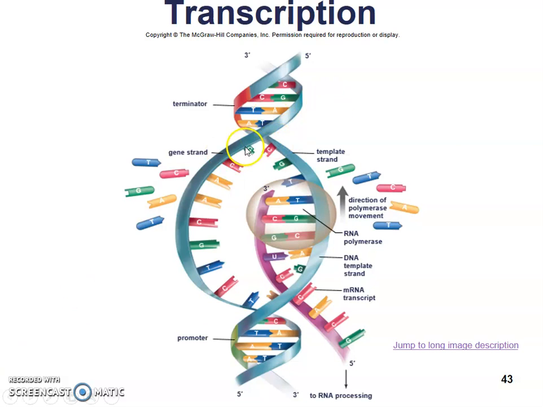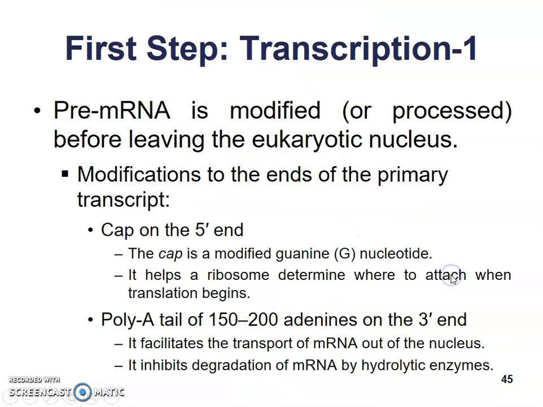You can see the DNA is unwinding, and RNA polymerase, which is this kind of clear-ish enzyme right here, is bringing in RNA nucleotides and bonding them in the proper order to make a copy of only one side of the DNA molecule.